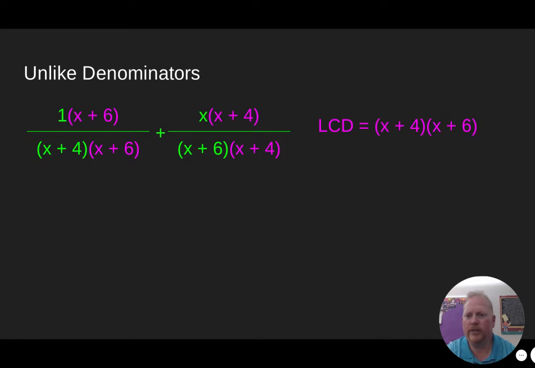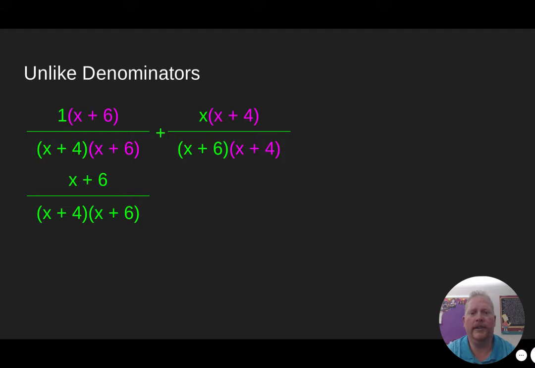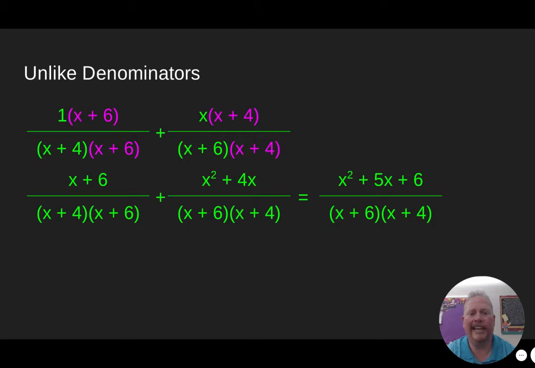So in the first fraction, 1 times x plus 6 is just x plus 6. In the second fraction, x times x plus 4 is x squared plus 4x. So when I add those up, I get x squared plus 5x plus 6. Last thing I want to do is double check. Can anything reduce?